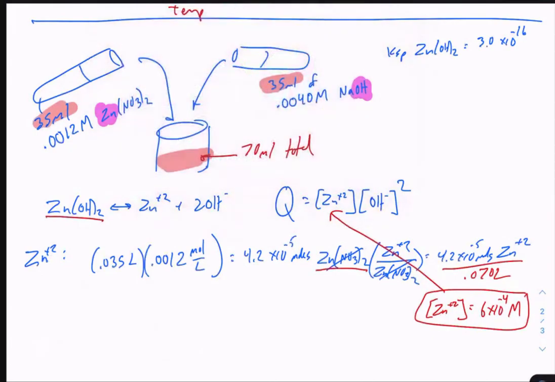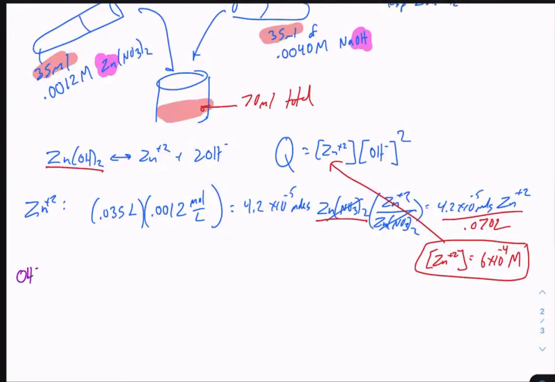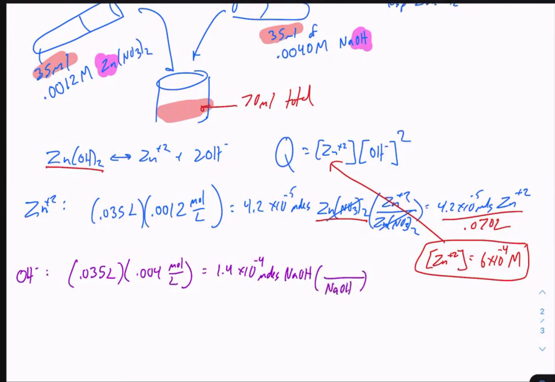So we need the other one. So for hydroxide, volume times molarity. This time it's 0.004. Of course, there is one sodium in every one hydroxide in every sodium hydroxide.